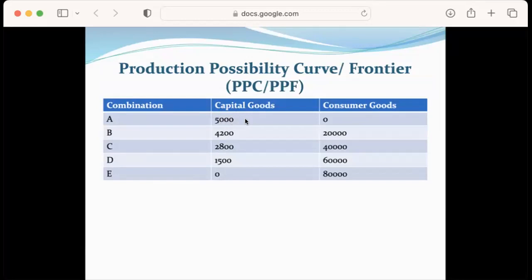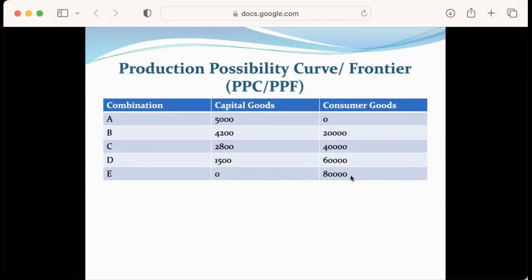Then it cannot produce any single unit of consumer goods. That's a possibility, because if the country uses all the resources to produce capital goods only, it can produce only 5,000 units of capital goods. On the other hand, if the country doesn't want to produce any capital goods and wants to use all the resources in the production of consumer goods, then they can produce about 80,000 units of consumer goods.